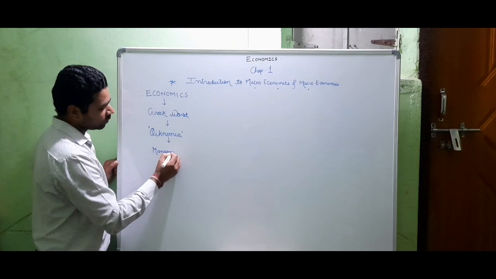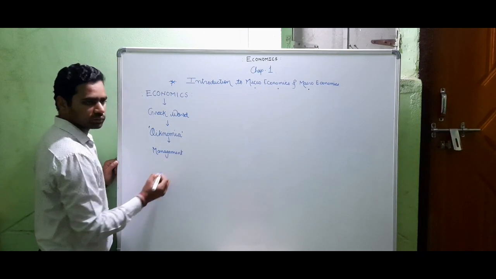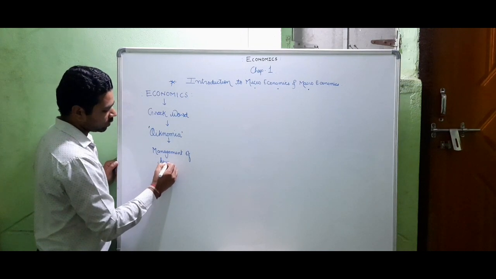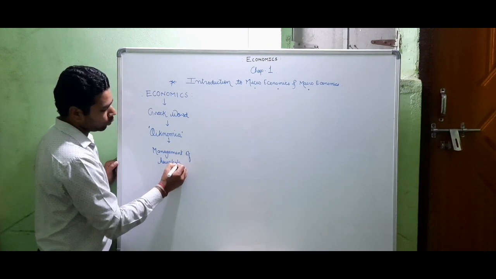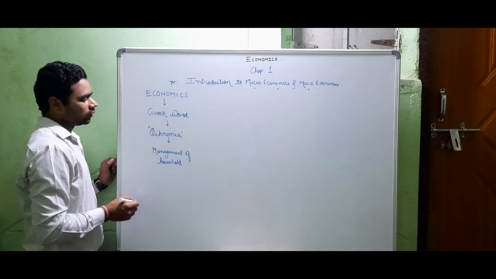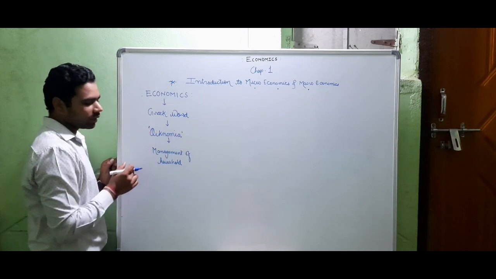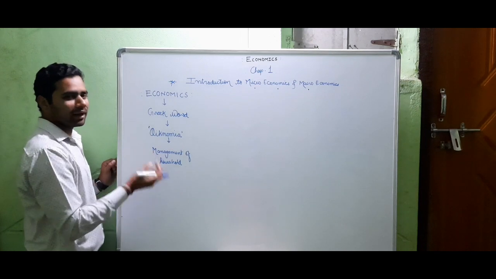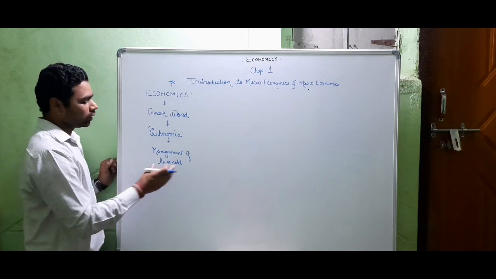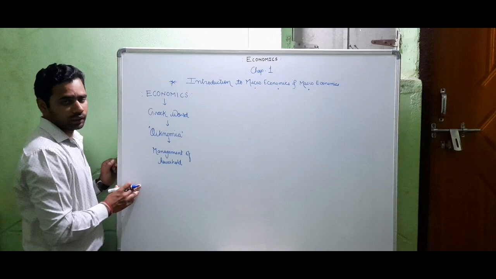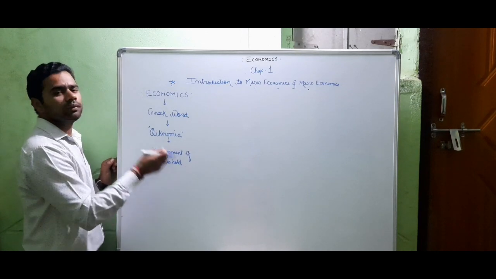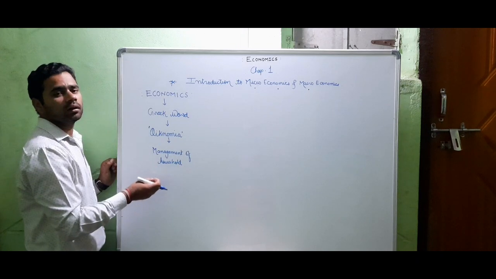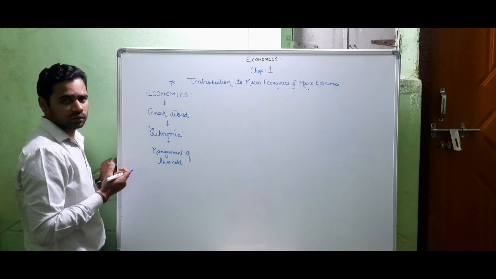management of household. Okay? So meaning of the term oikonomia is what? Management of household. Now what management of household is? Now household means family. Okay? So as we know that different families, they have their respective incomes, right?